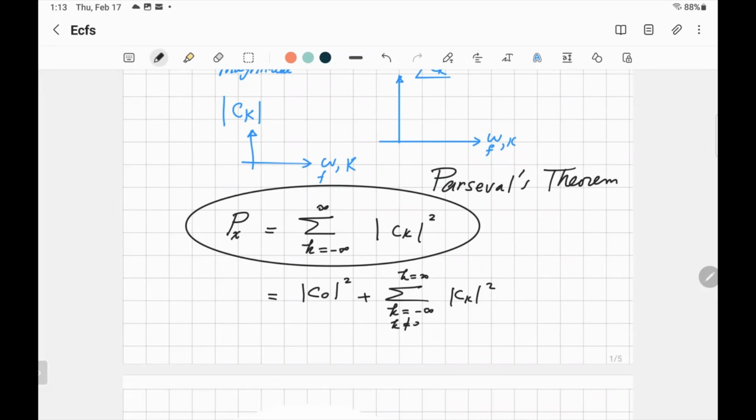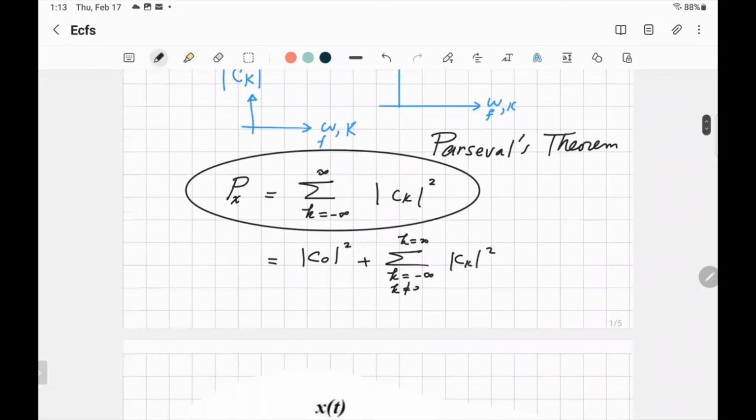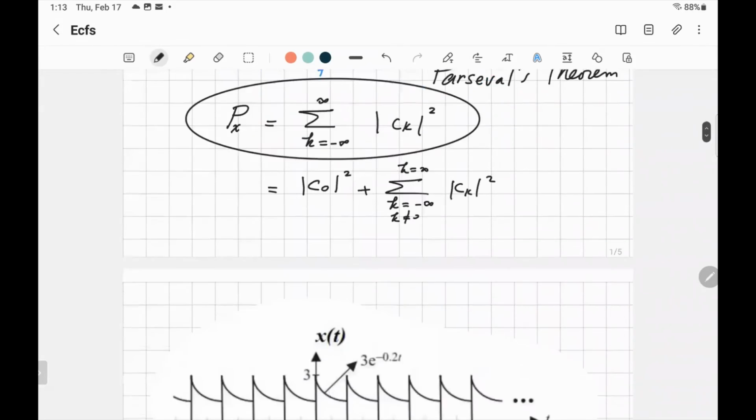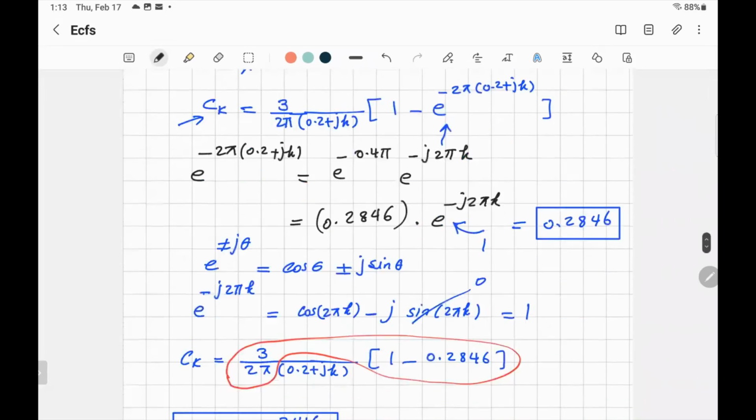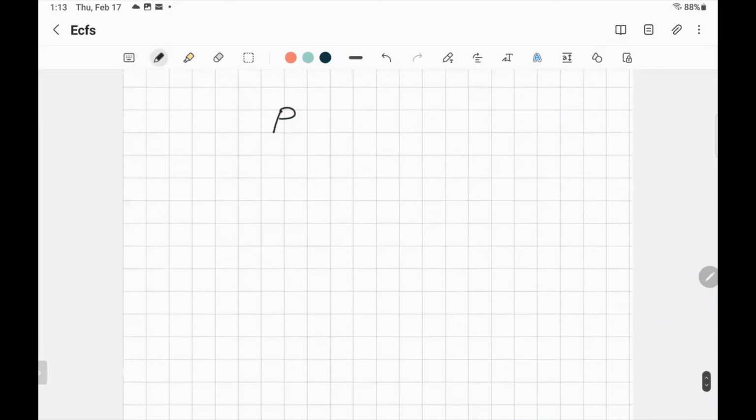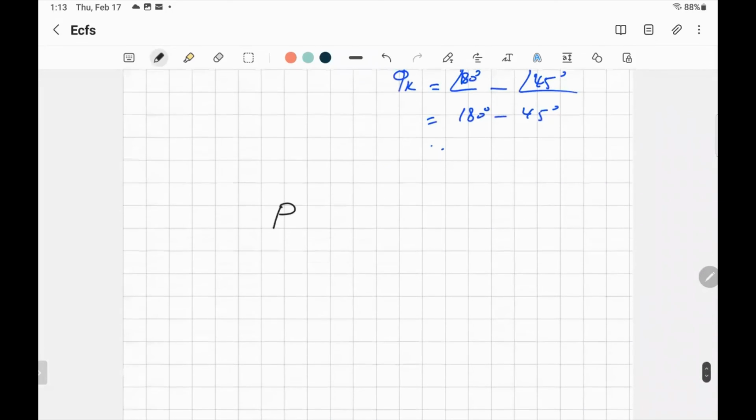You take the magnitude of the coefficient, square it, and add them up. That's it. So I want to apply this to find the power of the signal we just had. As you see, once you find Ck, you can get everything. That's the secret, Ck.